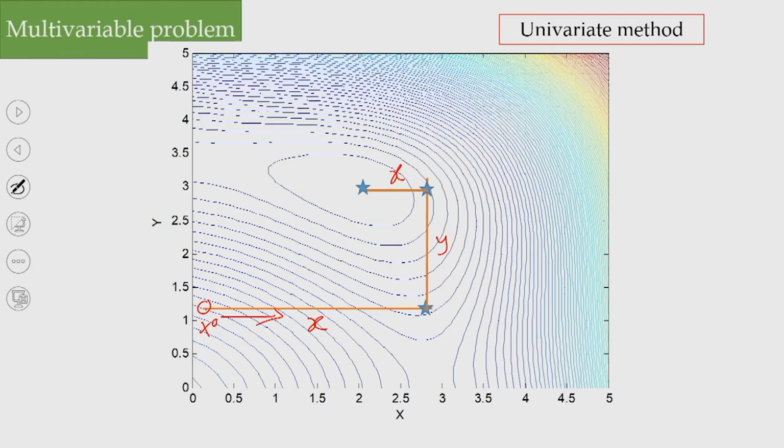You are going along one variable at a time. Suppose your function has 3 variables, x1, x2, x3.